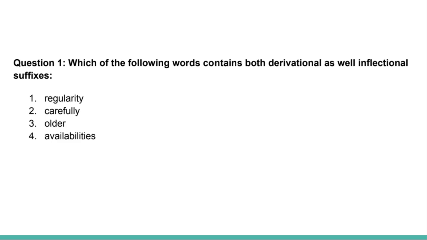So, for example, let's take the word writer. The base form of writer, the root from which the word writer was derived, is write. Write is a verb, which means the action of writing.